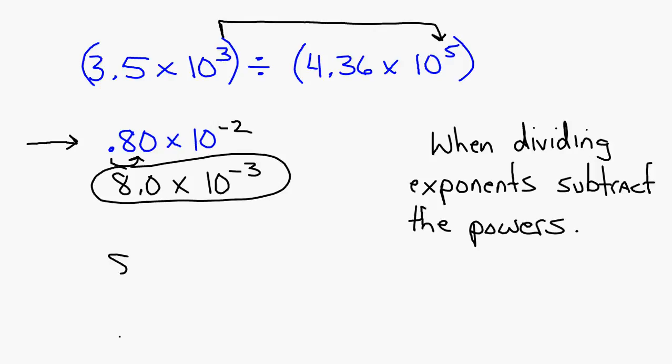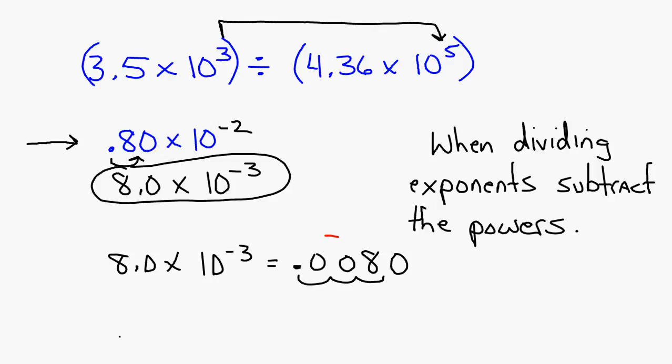So take your 8.0 times 10 to the negative 3 and write your 8.0 without the decimal. Put your pencil where the decimal goes, and you're going to move it to the left 1, 2, 3 places. You can fill in these 2 cups with zeros. So here's your number in standard notation.